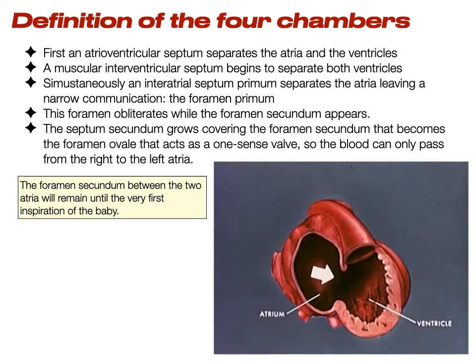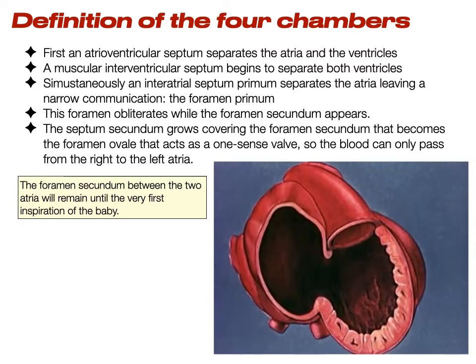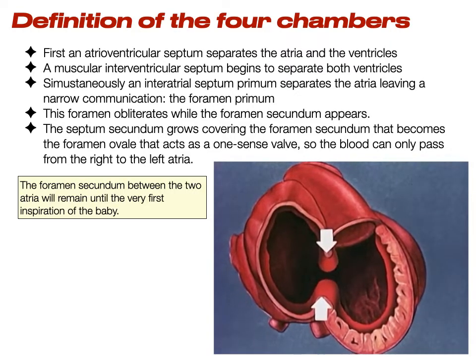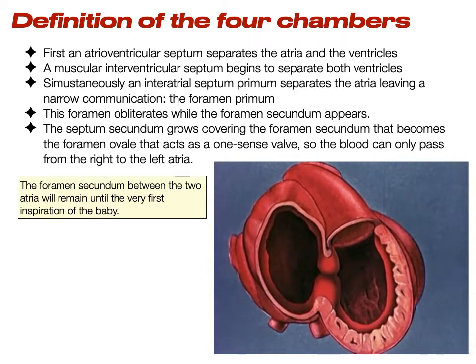Both chambers are communicated, but first you'll see that an atrioventricular septum is going to separate the atria and the ventricles. You see that growing in the center, right? Okay, so the arrows show how the septum grows and separates the atria from the ventricles.